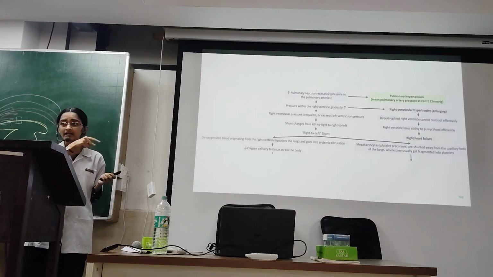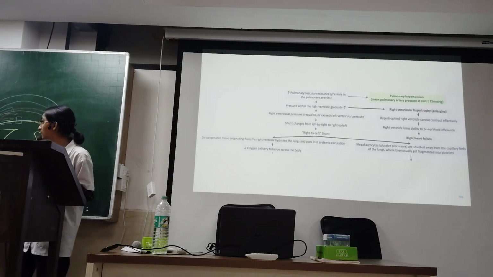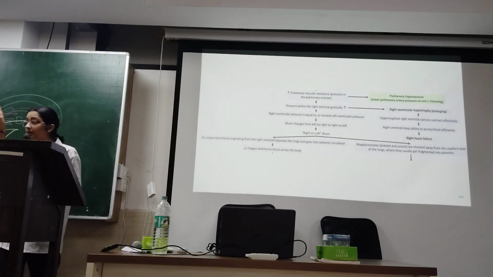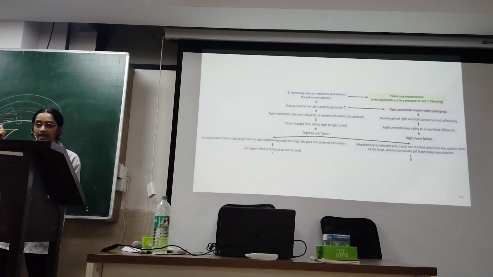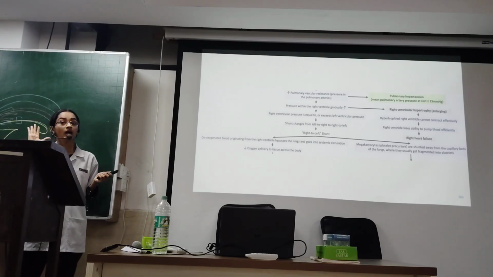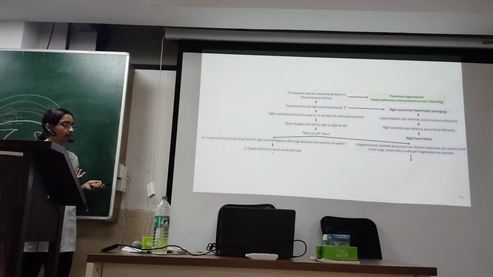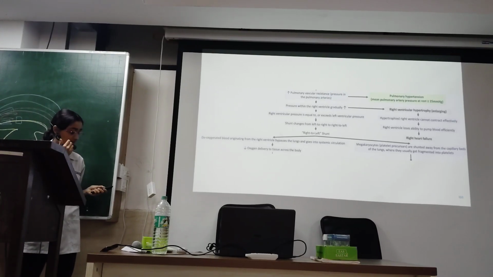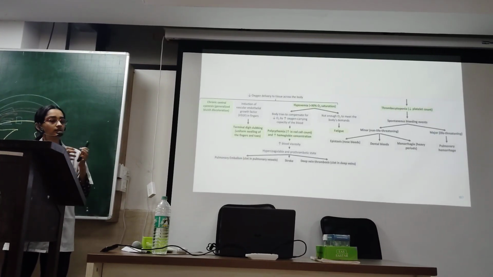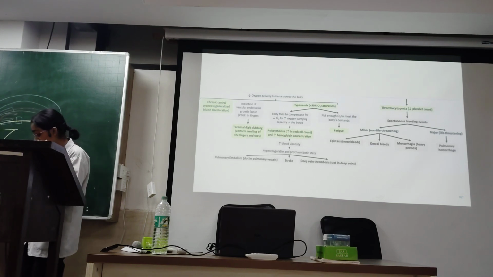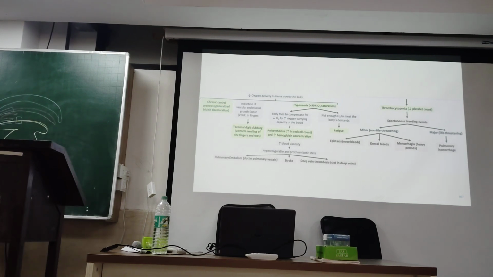Now, since you have a right to left shunt, instead of the blood going through the pulmonary trunk, it is now entering into the aorta, which results in no blood, or a reduced amount of blood, being sent to your lungs, which results in something known as thrombocytopenia. The major function of thrombocytes in the body is formation of a platelet plug and hemostasis.